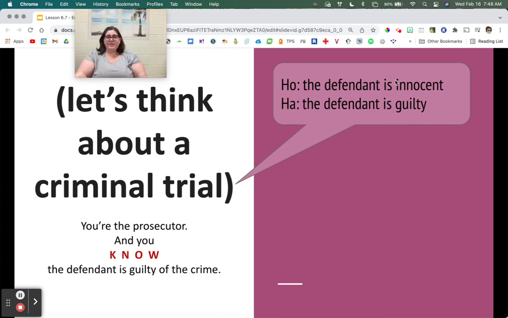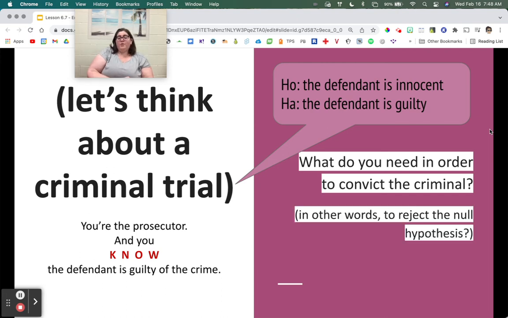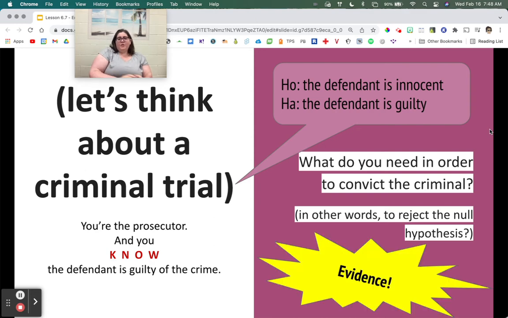So our null in that situation would be that the defendant is innocent because that is how our justice system works in America, innocent until proven guilty. So the null is that the defendant is innocent. The alternate that we're trying to prove is that they are guilty. So in order to convict the criminal that you know is guilty, to reject the null hypothesis based on the evidence, you need lots and lots of really good evidence.